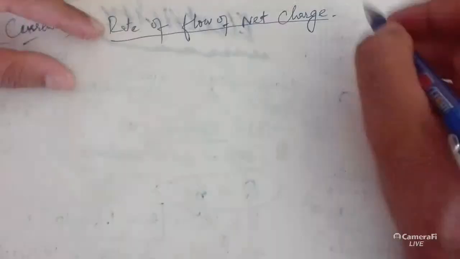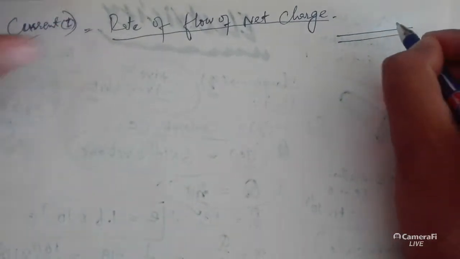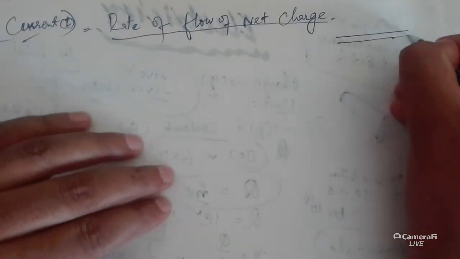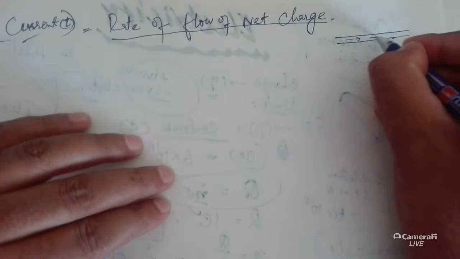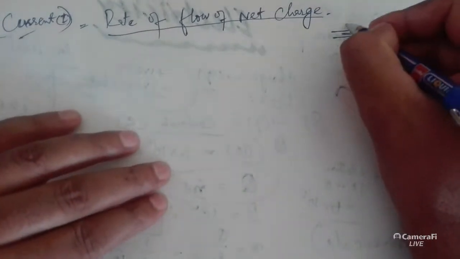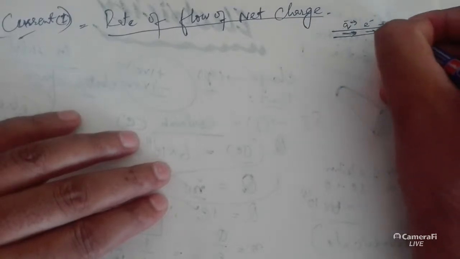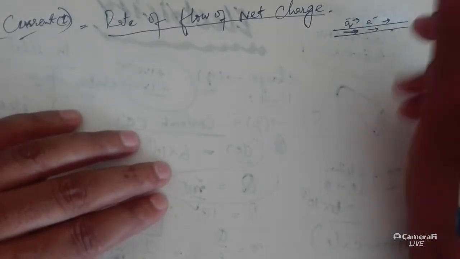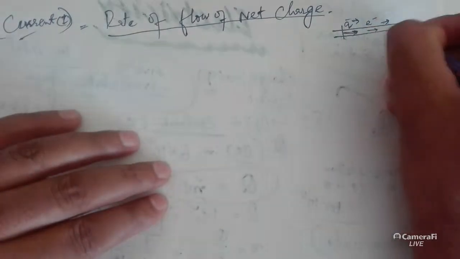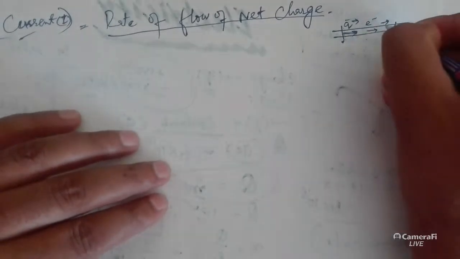If we have any metal in which current is flowing, what is actually flowing inside? It is the charge that is moving. We can say electrons are moving in that metal. Then in one second, or in a given time, how much charge will flow from one point to another point?